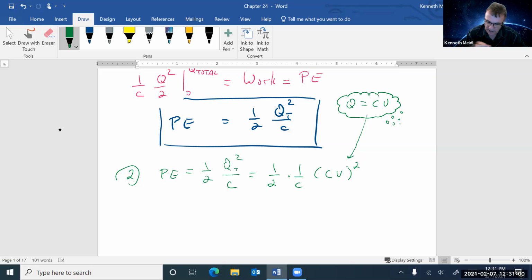When I do that, I have another way of writing the potential energy, but now not in terms of how much charge is there, but in terms of the voltage source, because eventually the plates get up to that voltage and then everything stops moving.